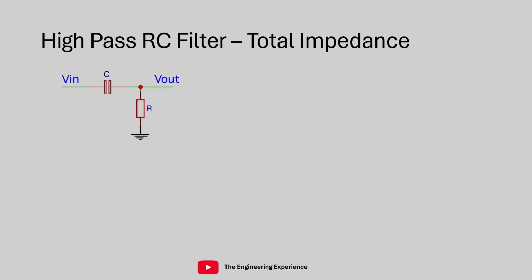For step number 1, to answer this question, you should try and calculate the total impedance of this circuit. So from Kirchhoff's voltage law, we know that V in is equal to VC plus VR, ignoring any loads on this side. And also that V out is equal to VR, because obviously that's the same node.